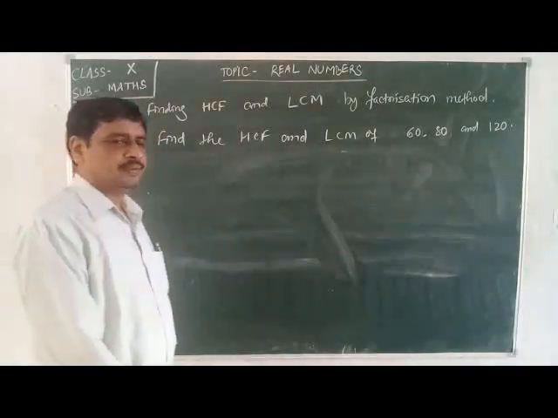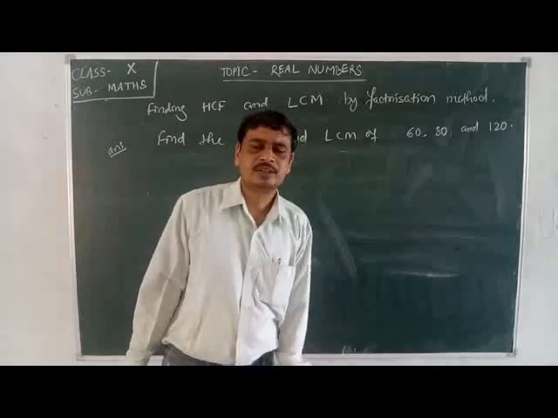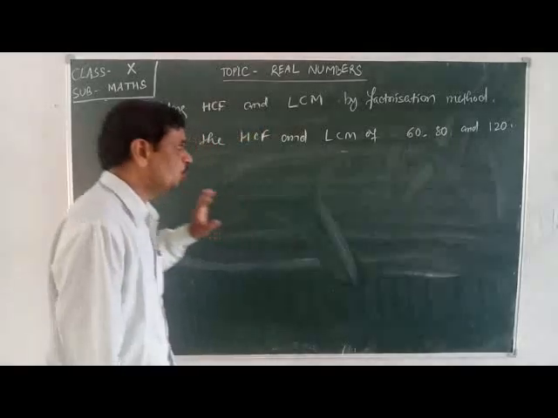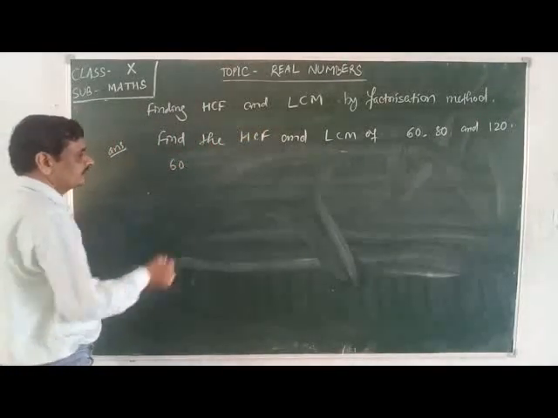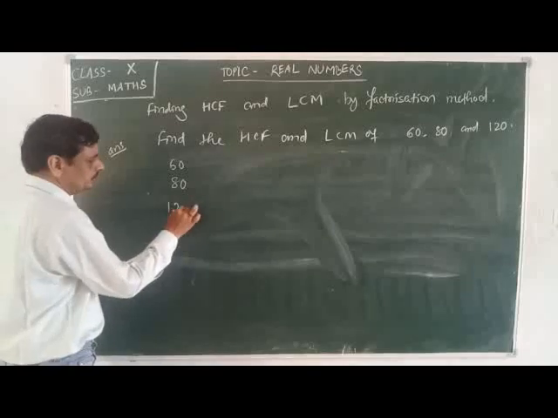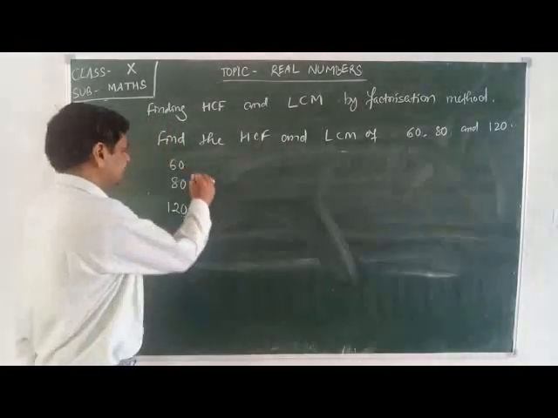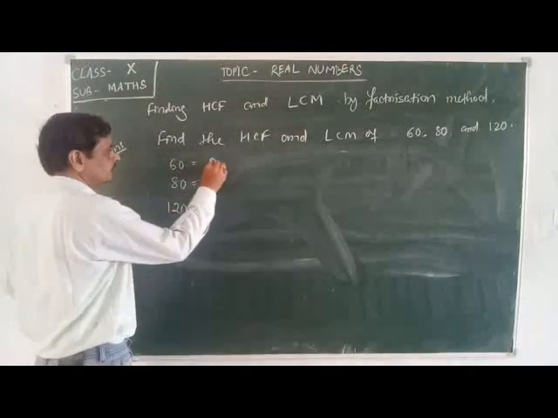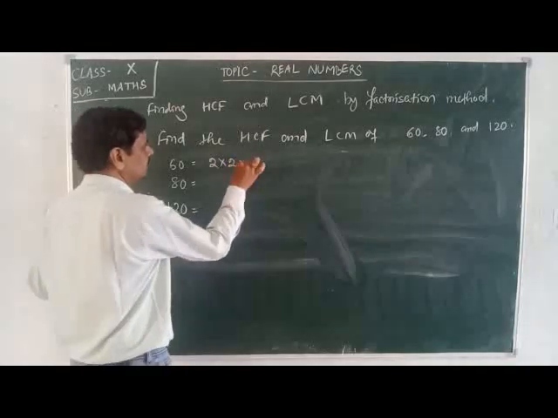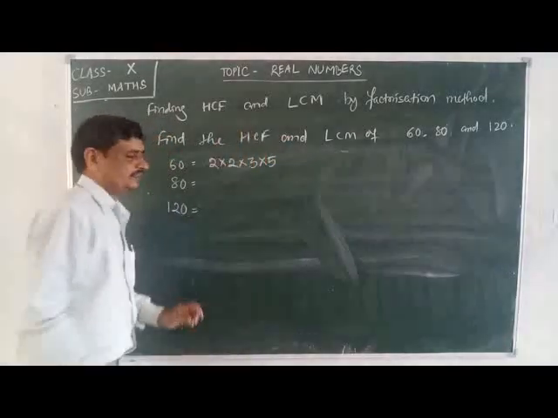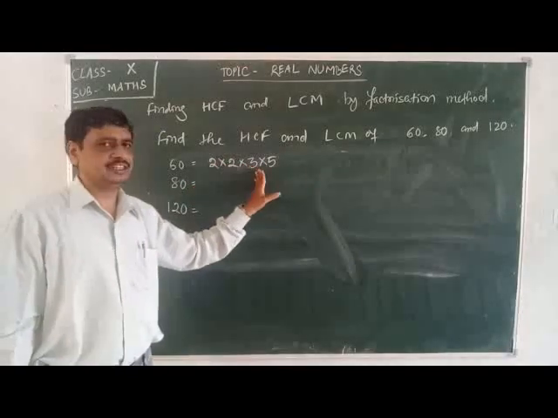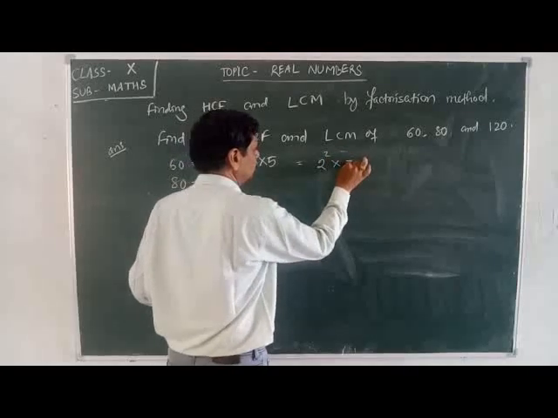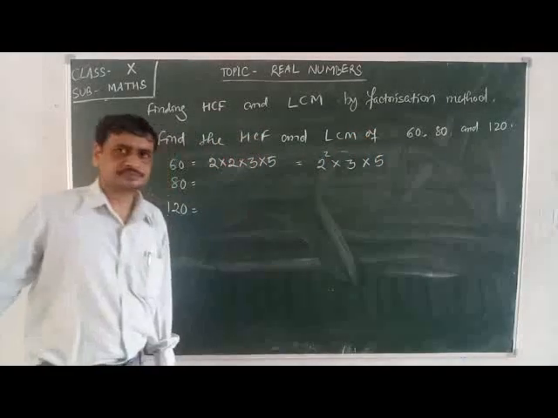So here we will factorize all the numbers given here, that is 60, 80 and 120. Next, we factorize 60 as 2 into 2 into 3 into 5, which can also be written as 2 to the power 2 into 3 into 5.